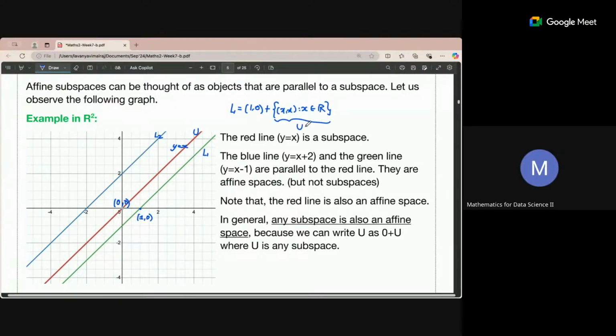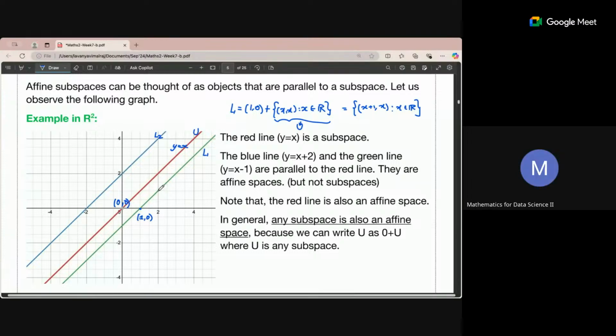So this set is nothing but the set of all x plus 1 comma x such that x is in R. Do you agree?